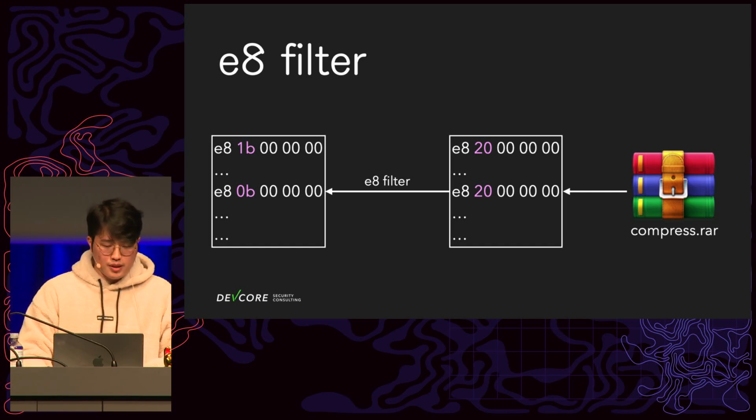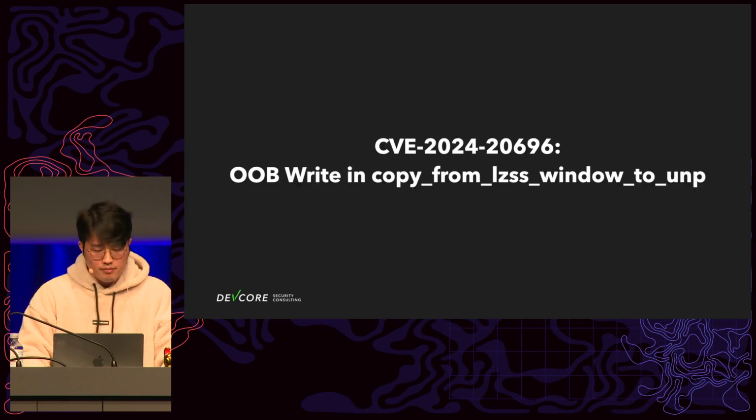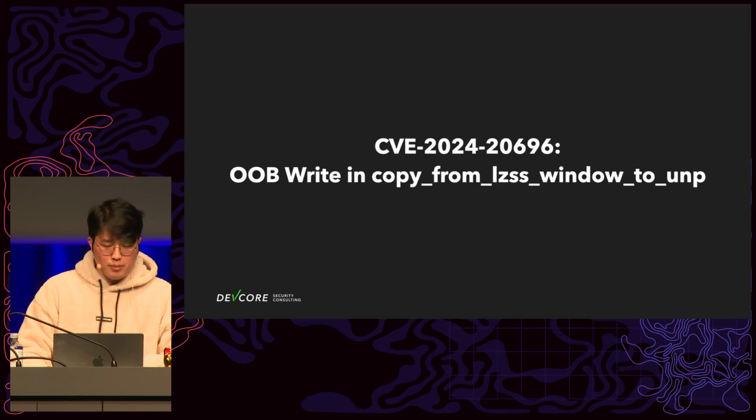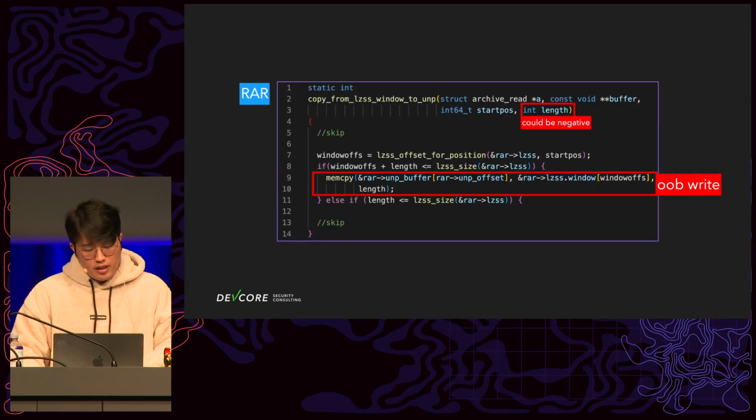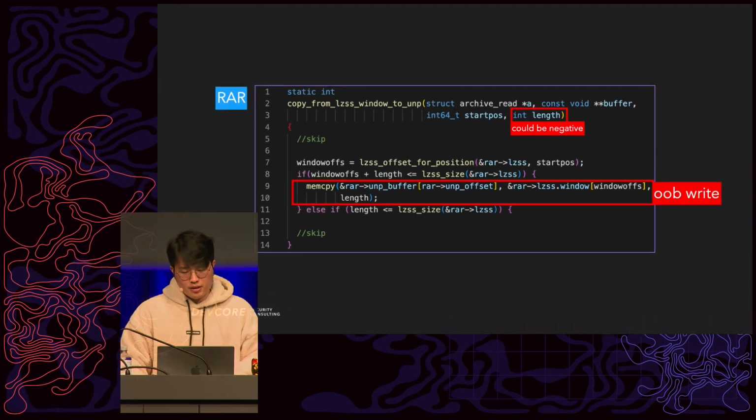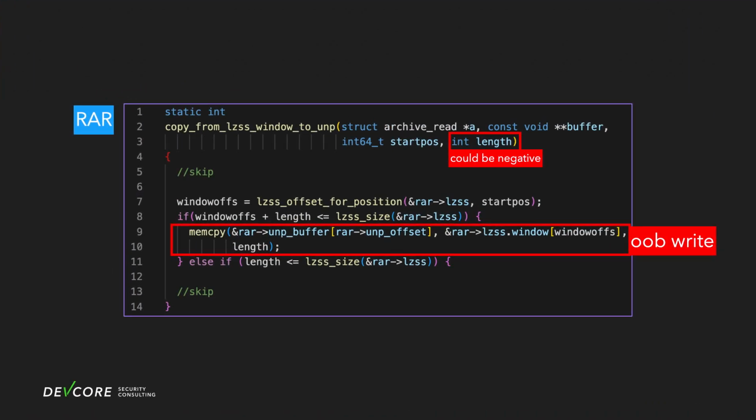For now, let's put it aside and look at the next CVE that Microsoft found. The CVE-2024-20696 is an OOB write in copy from LZSS window to UMP. It's also simple. The type of the false argument could be a negative number that can pass checks and cause an OOB write.